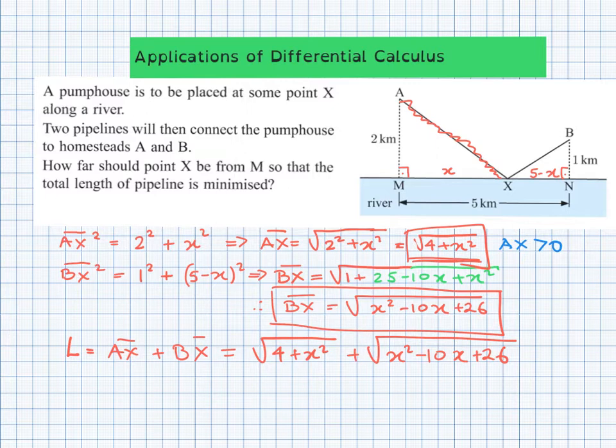So again, this x here should be from M, 3 kilometers and 1/3. Did we use kilometers? Yes. So write this equation.